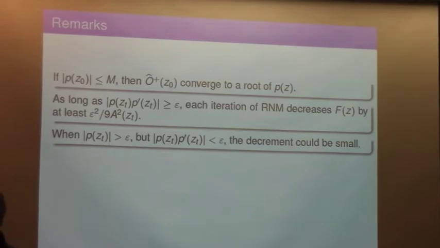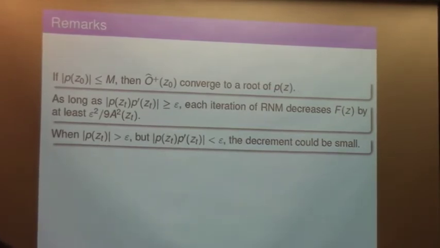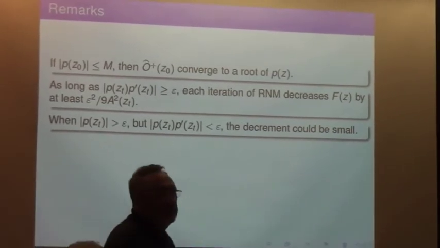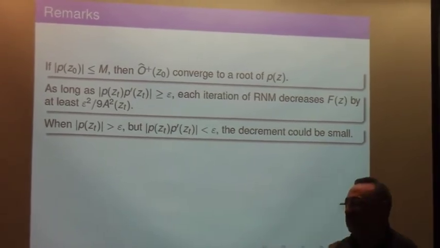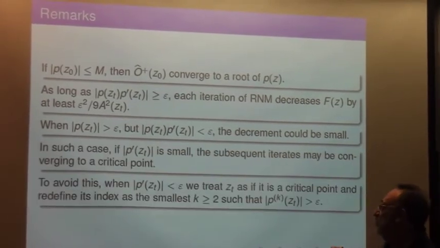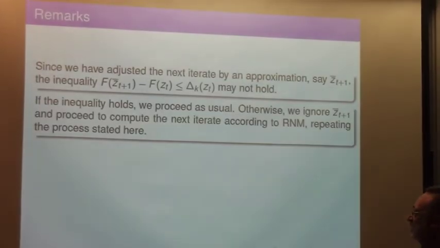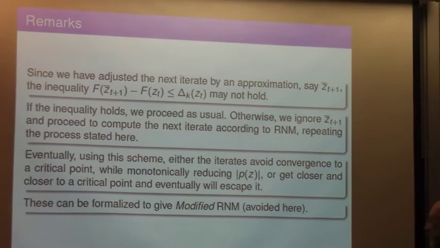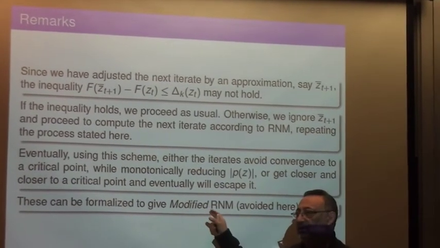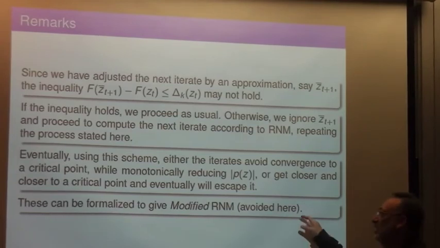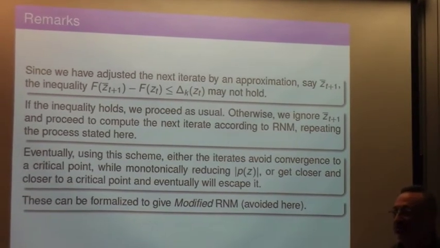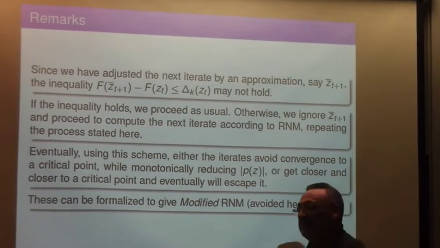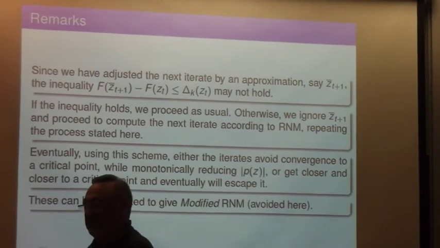So rather than defining Newton's, go to its next. With some detail, you can define a modification of Newton's method, which one can show. I don't want to spend too much time on that, but you can define a scheme which I call modified robust Newton method, which avoids the critical points. However, in this case, I cannot say exactly how many iterations, in terms of epsilon.